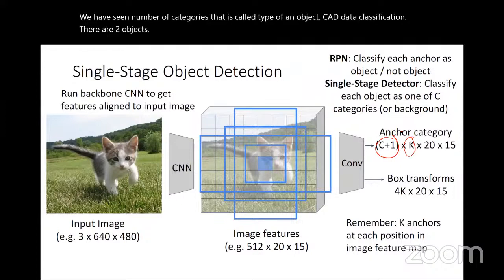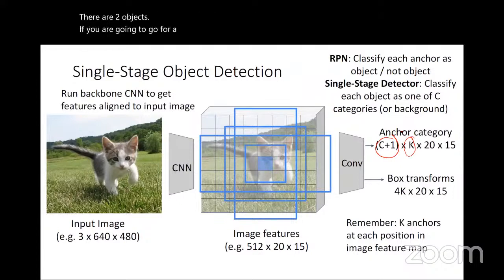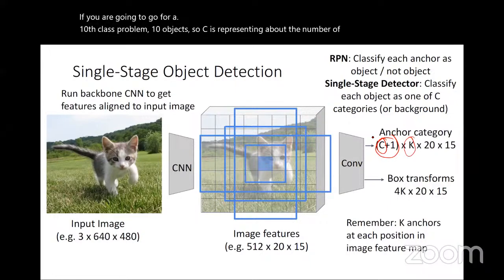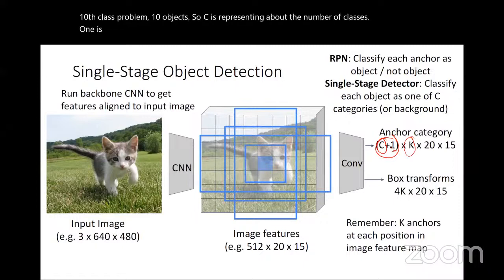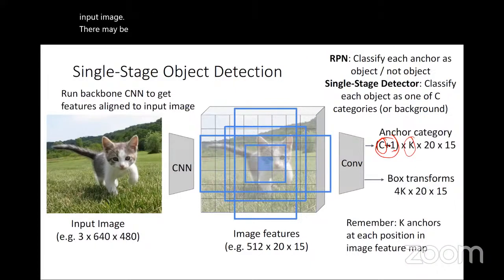If you go for a 10 class problem, 10 objects. So C represents the number of classes. One is the background, so in total C plus one objects are present in my given input image. There may be a possibility for each and every bounding box.